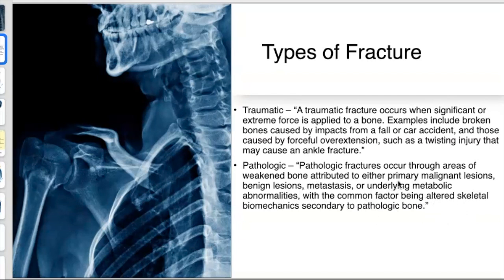Okay, so the difference between traumatic and pathologic fracture is the type of fracture that a patient may develop or sustain if the bone is already breached or compromised because the bone is weakened.